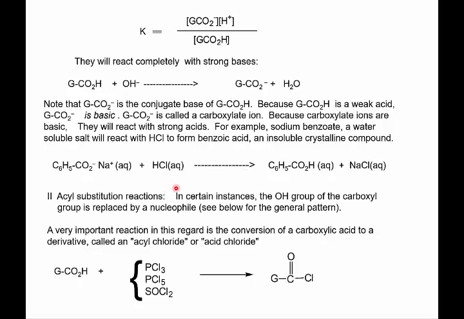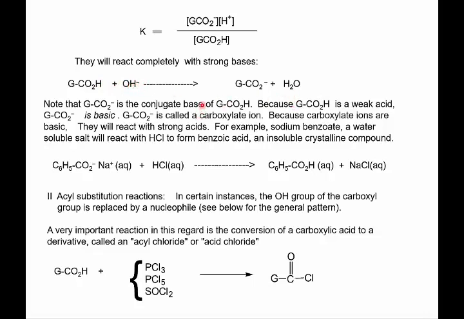All right. So I think the important point here is to recognize that when you see the formula of a carboxylic acid, and it's dissolved in water or solvent, or especially if it's treated with a strong base, it's going to behave as an acid. If it's a strong base, it will react favorably and completely with that strong base.